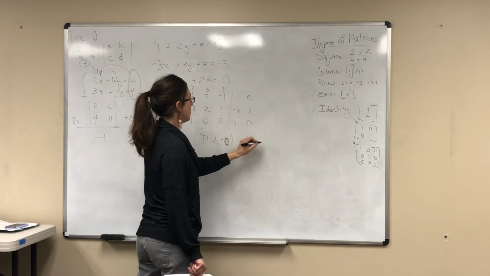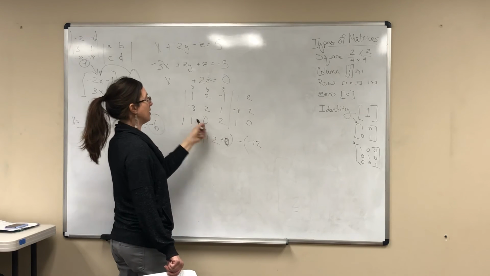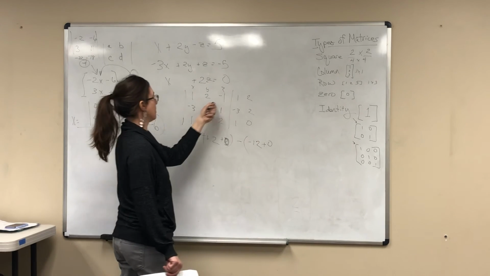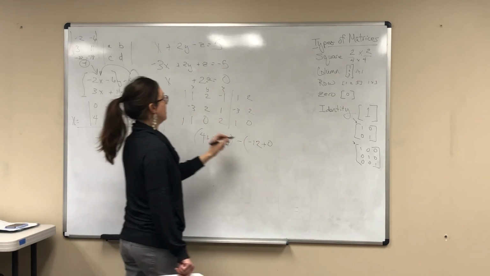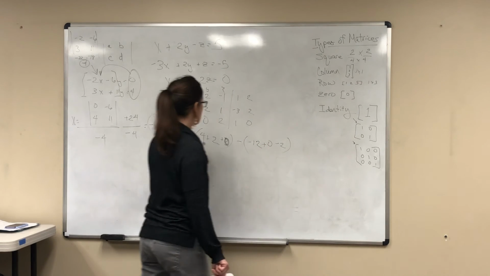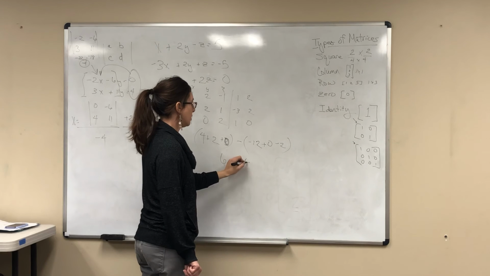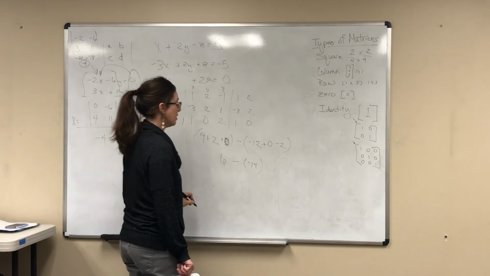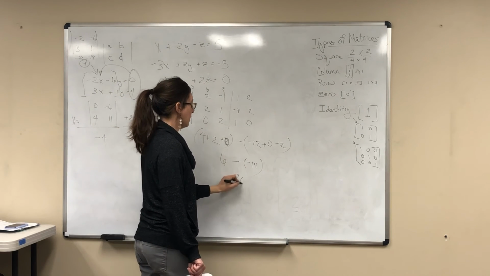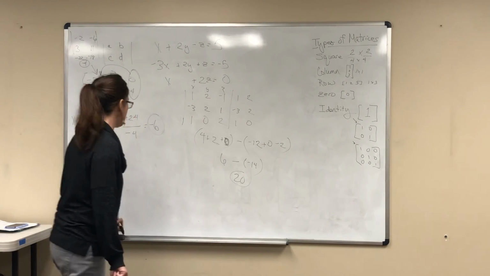Perfect. 0. Negative 2. So I have 6 minus negative 14, 20. My determinant is 20.